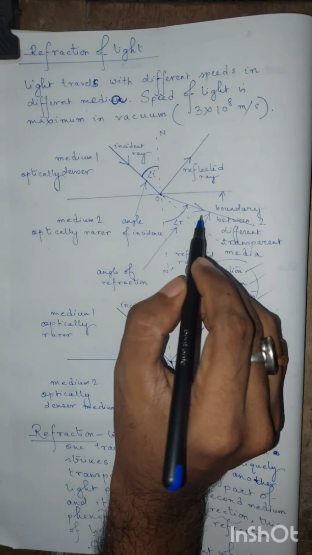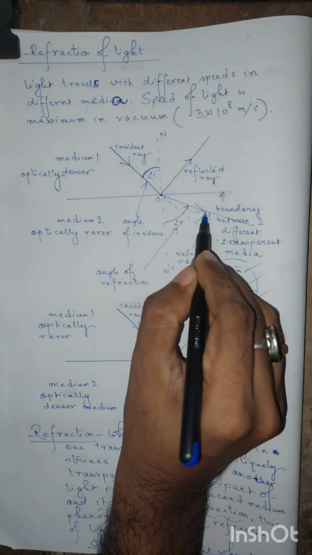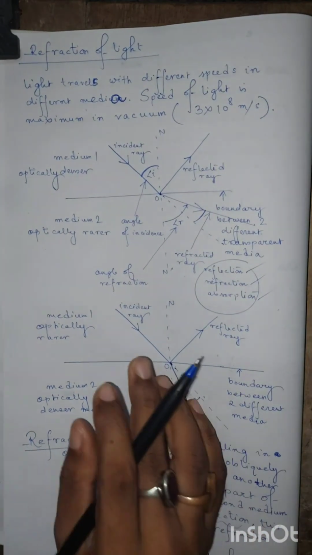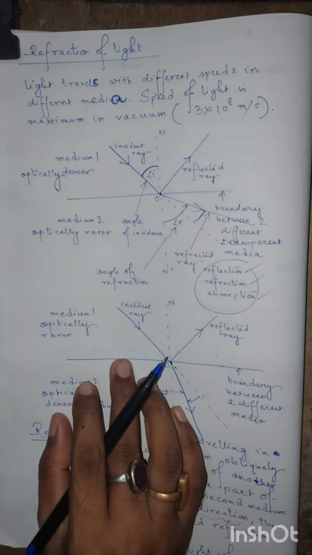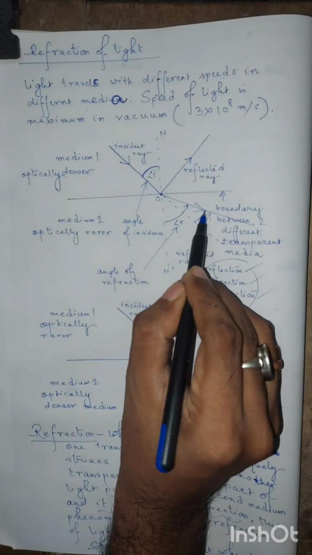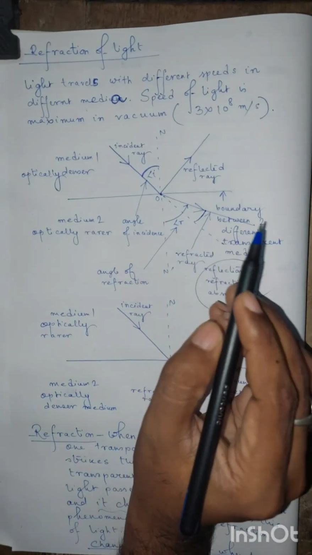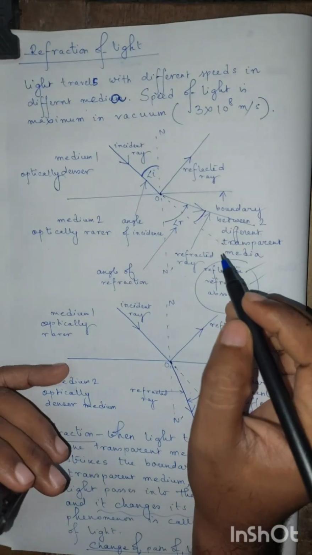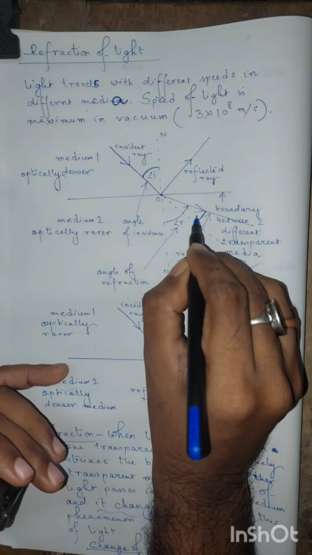Okay, so the angle between these two directions is called angle of deviation, which is denoted by delta.